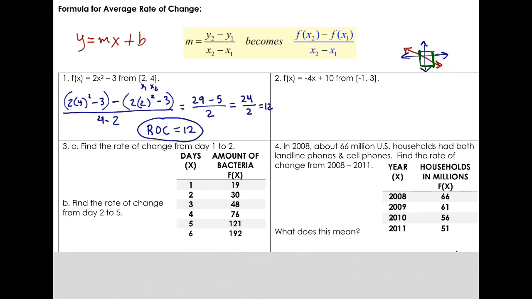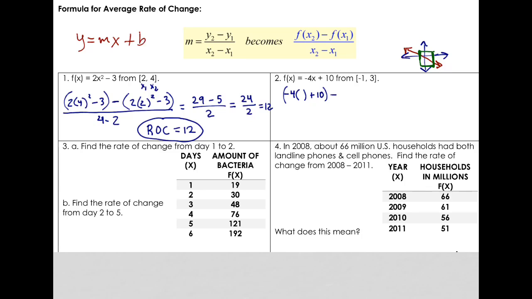So let's go back. We're going to fill it in again, but again, replace your x with parentheses. So what do we got? -4, parentheses there, plus 10. Close that in.